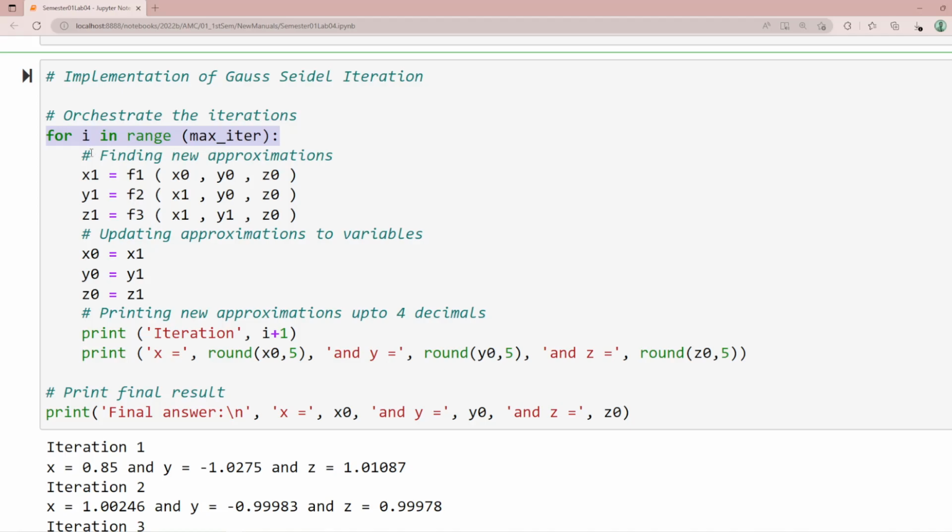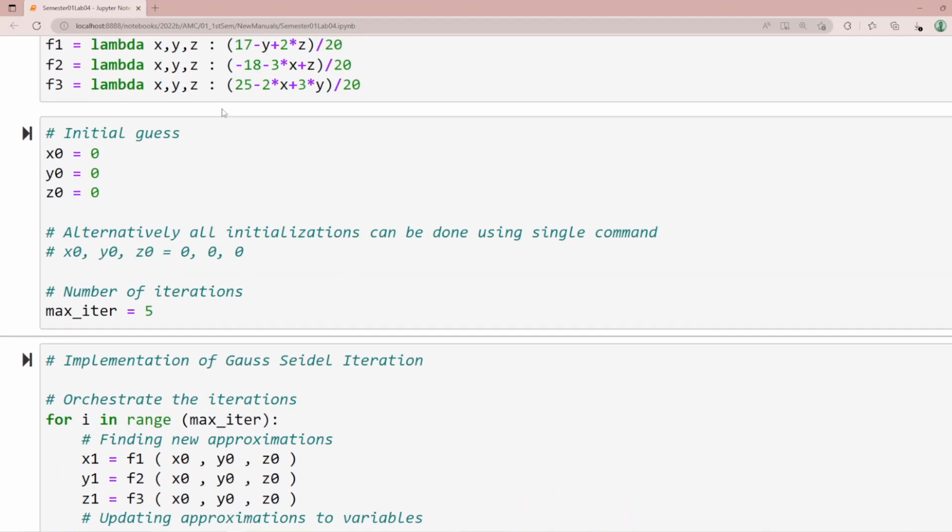So first we find the new approximations. Calling the function is the same as we had discussed a little while back while describing the lambda function. So x1 is equal to f1 of x0, y0, z0, and y1 is equal to f2 of, pardon me, this should be x0, y0, z0, right?